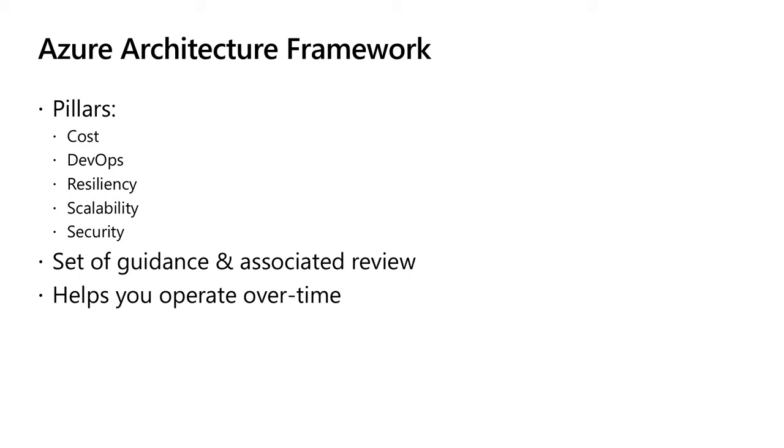And finally, we use resiliency in this case to encompass a number of concepts that you may be familiar with: business continuity, high availability, reliability, things like that. In general, for cloud environments, rather than preventing outages, our focus is on making sure that we're recovering quickly from them or adapting to them gracefully.